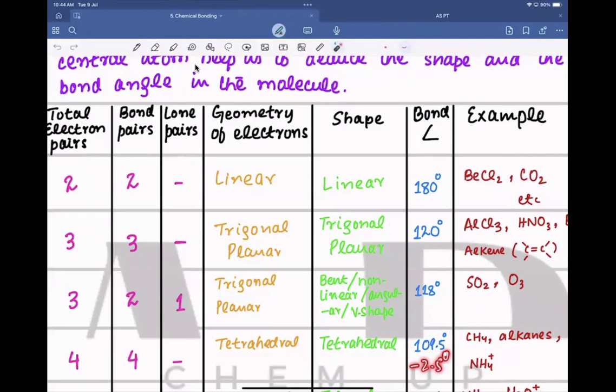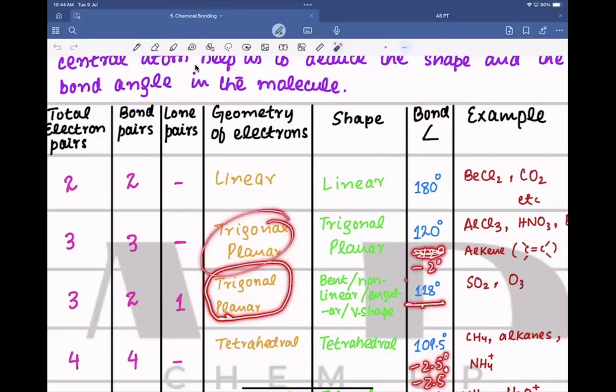When we add one lone pair, the bond angle is decreased by 2.5 degrees, and if I add another lone pair, the bond angle is decreased by a further 2.5 degrees. And when the electron geometry is trigonal planar, the bond angle is decreased from 120 degrees. Oh, sorry, the bond angle is decreased by 2 degrees to give you the bond angle when having one lone pair.